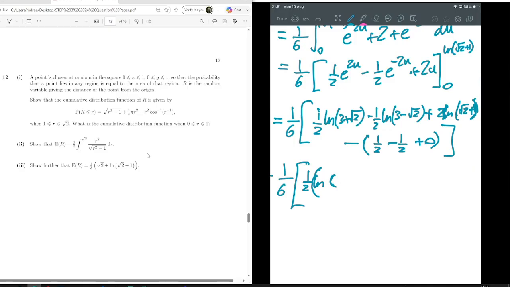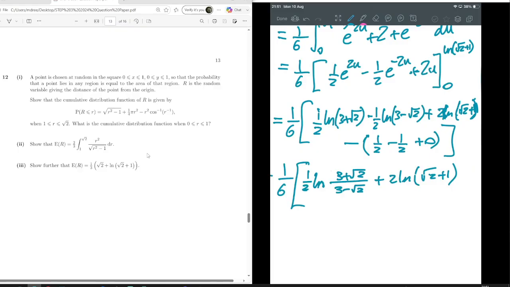But this we can write as ln of 3 plus root 2 over 3 minus root 2, because we're subtracting the lns, and that little half in front is just a common factor to both of them, so that's fine. Plus 2 ln root 2 plus 1.